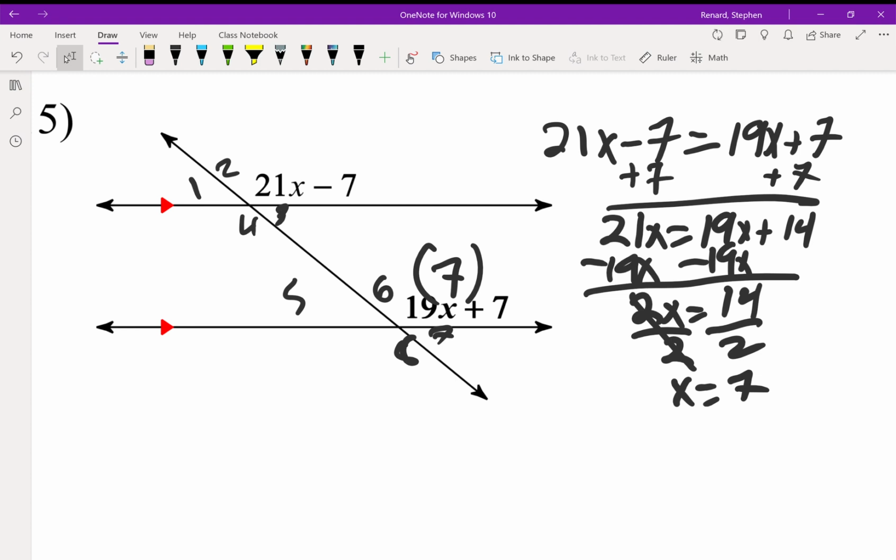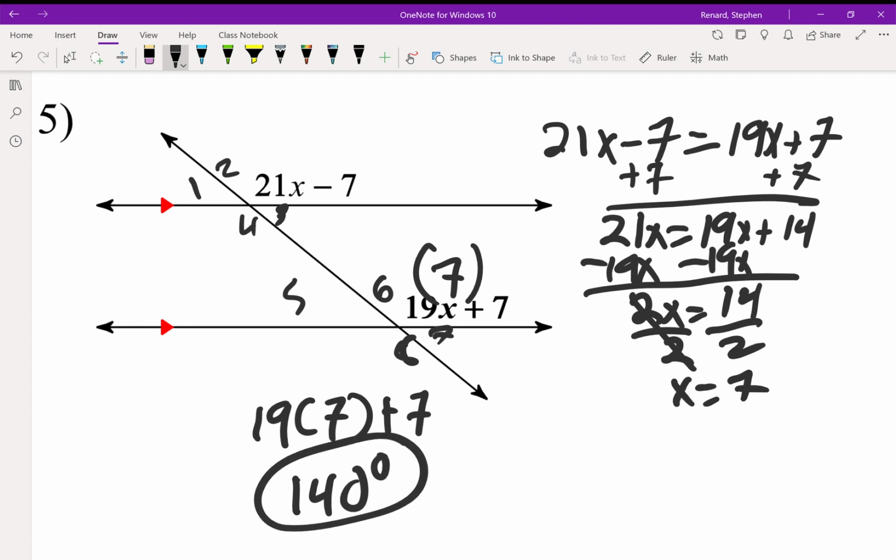If so, always feel free to ask. But in this case, where they're congruent, it doesn't really matter because you're going to end up with the same answer. So that turns into 19 times 7 plus 7, which is 140 degrees.